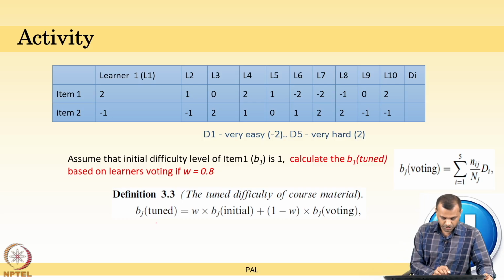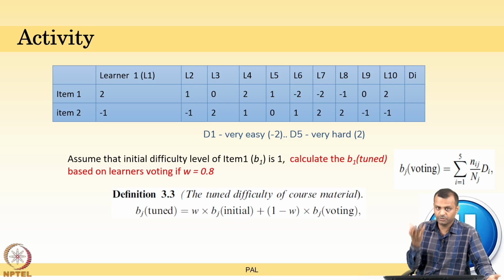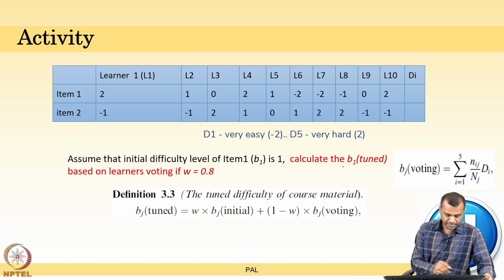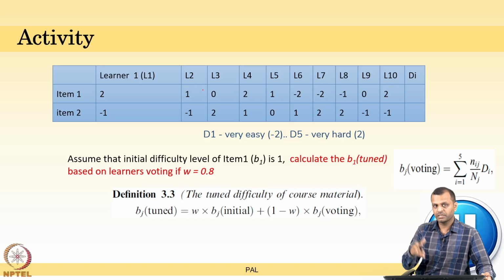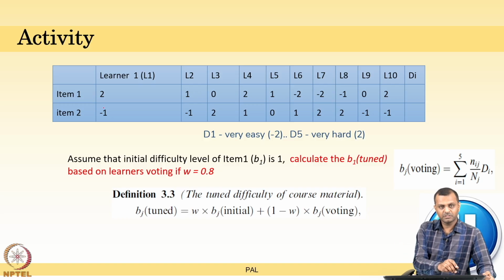The tuned value is based on the initial weight, the initial difficulty level, whichever you consider, 2 or 1, and the voting value is based on the learners' voting. If there are 10 learners, learner 1 to learner 10, the learners rate item 1, the topic 1, as a 2.